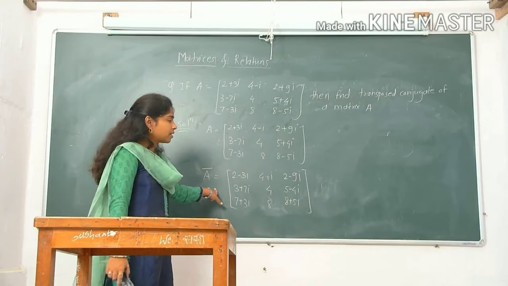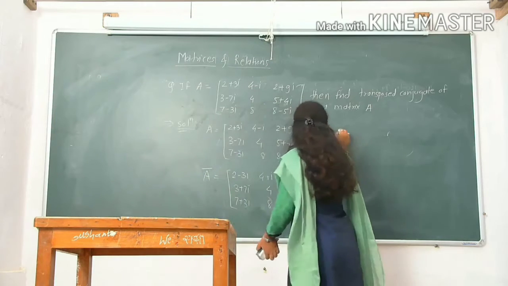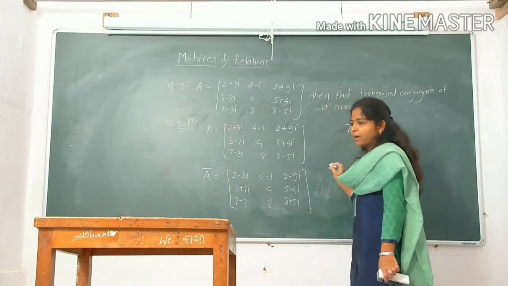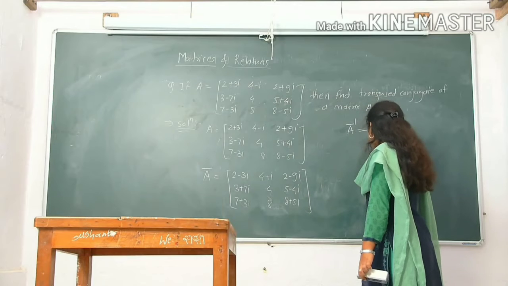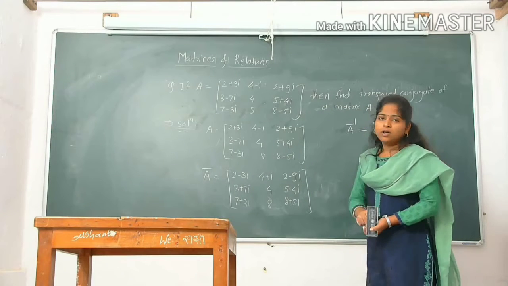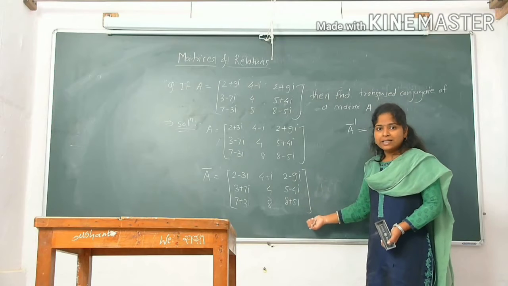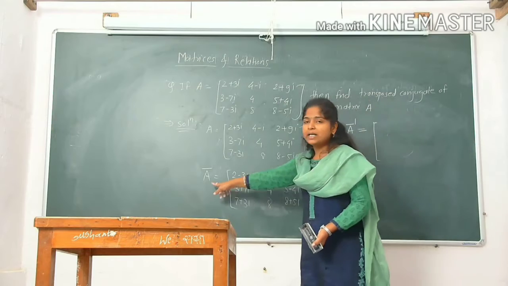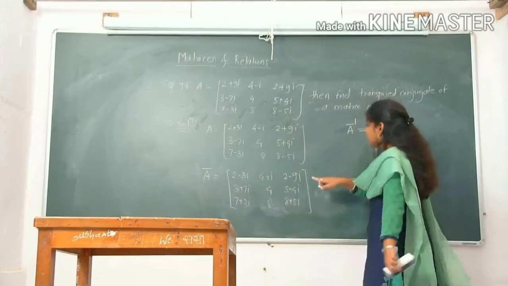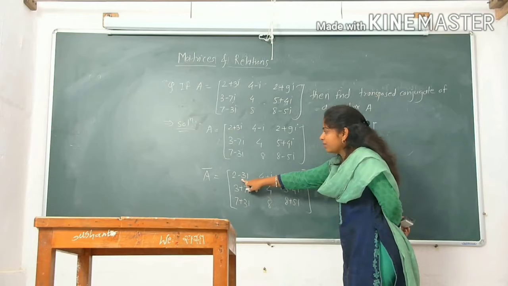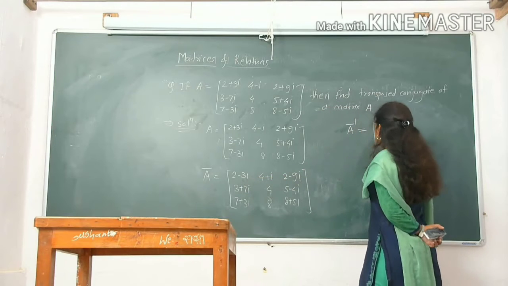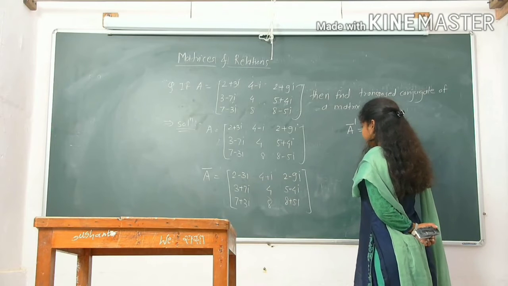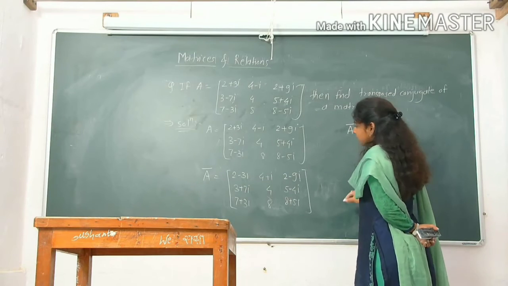Then we take its transpose, which is A bar dash. We take its transpose, meaning we interchange all the rows and columns of matrix A bar. So we write the first row as the first column: 2 minus 3i, 4 plus i, 2 minus 9i.